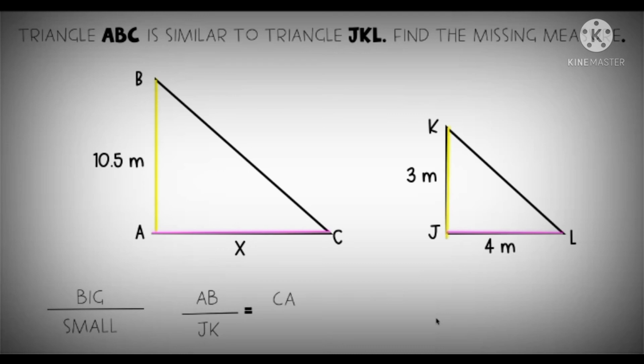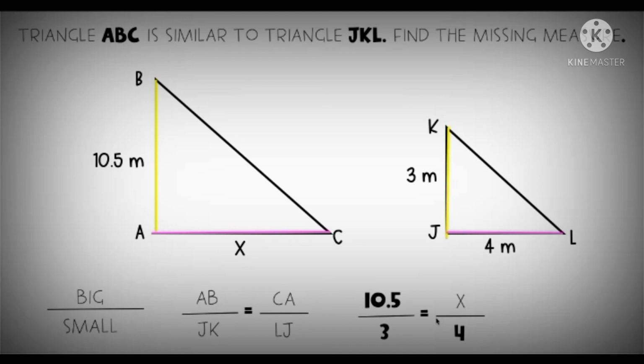That is equal to our big side, which is CA, over our small corresponding side, which is LJ. From here, substitute the given numbers: AB is equal to 10.5 over 3 for JK, and that is equal to x over 4.